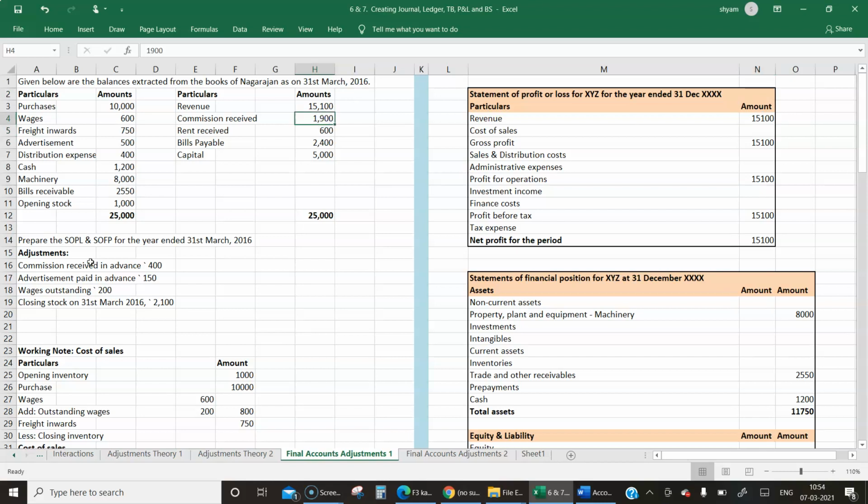Okay, but we have an adjustment here. So commission received in advance is 400.